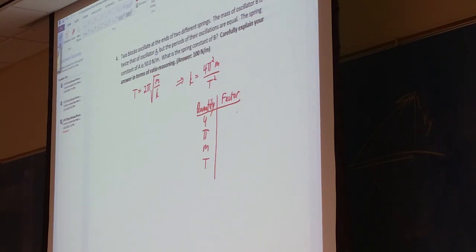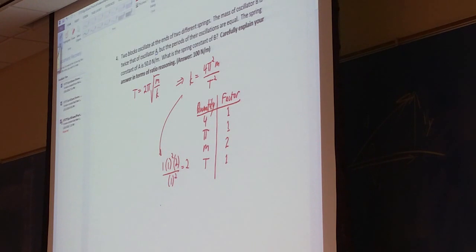So by what factor does each change? 4 is 1, pi is 1, m is 2, and t is 1. So we rewrite this as 1 times 1 squared times 2 divided by 1 squared, and that'll just give us 2.